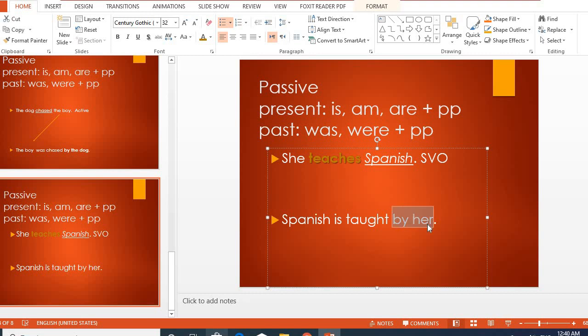If you're asking me why we changed the pronoun from she to her, simply because she here is used as a subject pronoun because it came at the beginning of the sentence. But here it came after the verb, at the end. So I should write an object pronoun. The object pronoun of she is her. Okay, what if I write he? Do I say Spanish is taught by he, or do I change he to an object pronoun?